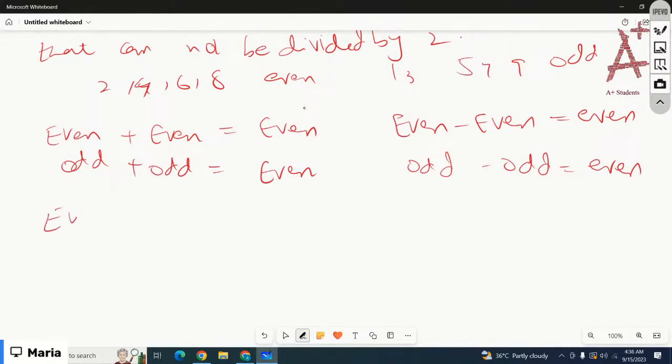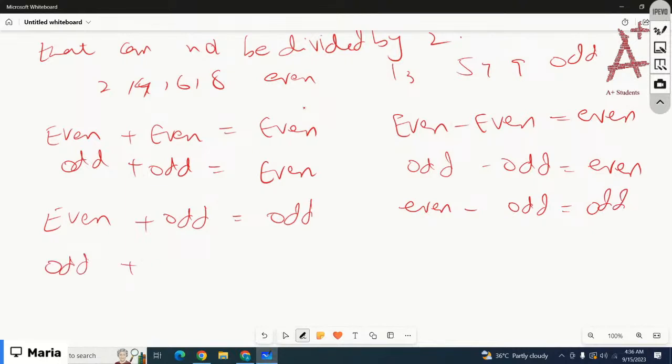So if you are adding an even plus odd, right, the answer must be odd. And when you are subtracting an odd number out of the even one, the answer is odd, right?